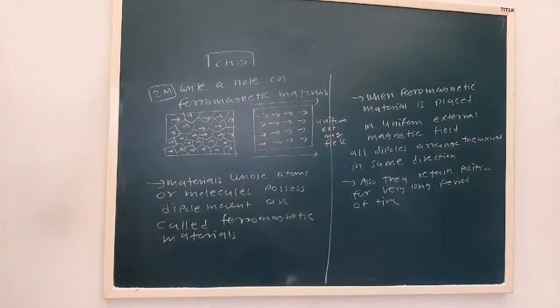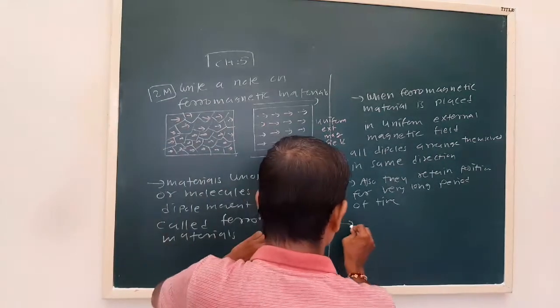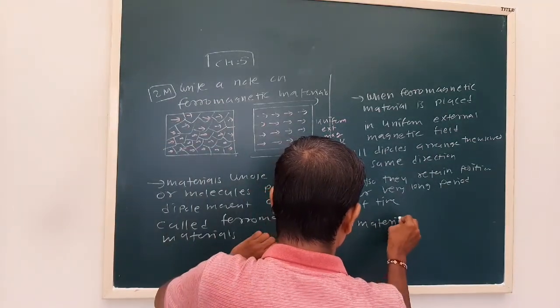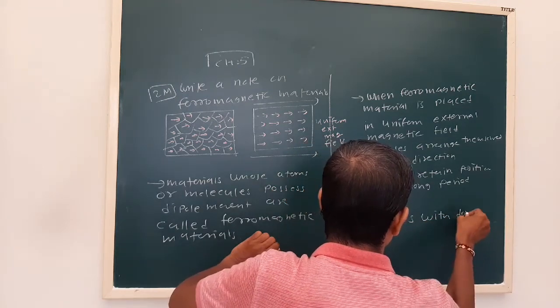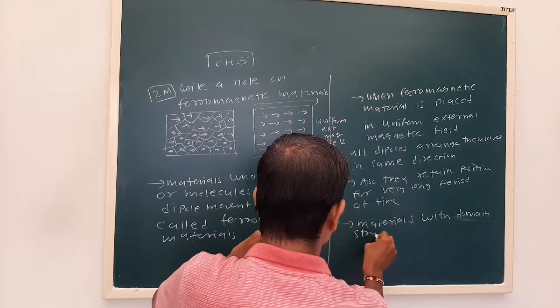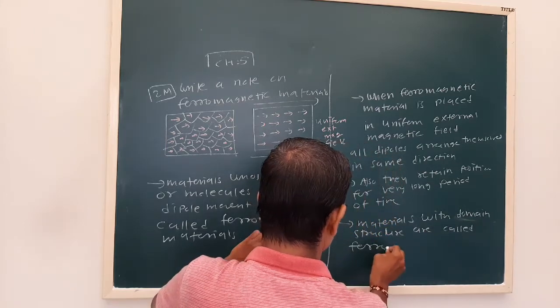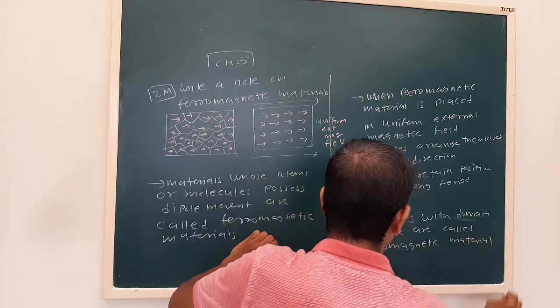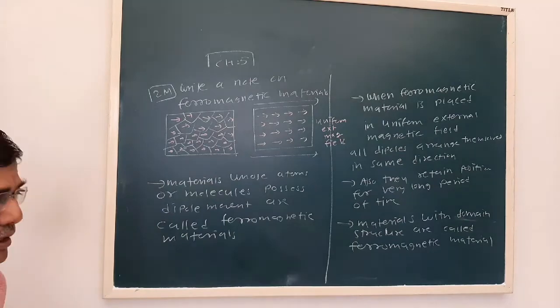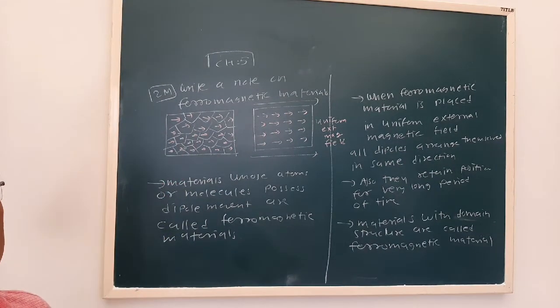Now the ferromagnetic materials are also said to have a domain structure. So sometimes they write like this: the materials with domain structure are called ferromagnetic material. Also, the magnetic susceptibility chi is very large compared to paramagnetic material.